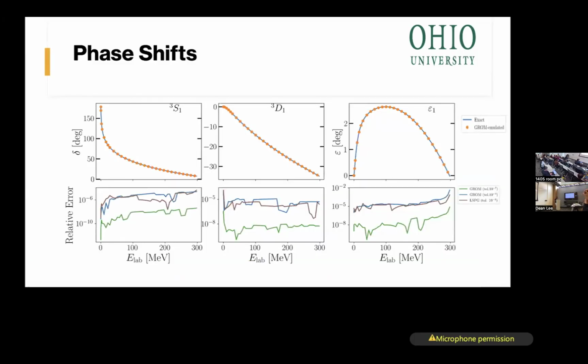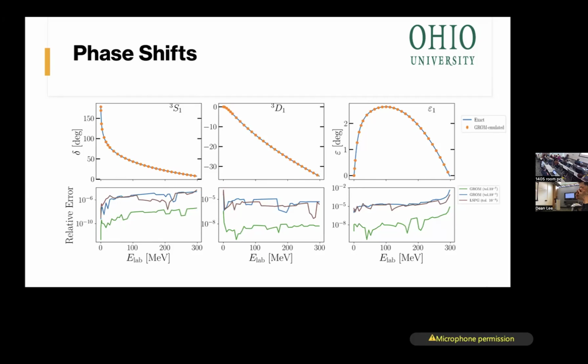So this is the result for the phase shift. This is J equals 1, again just the coupled channel. Here in our emulators, one of the parameters is the tolerance value.